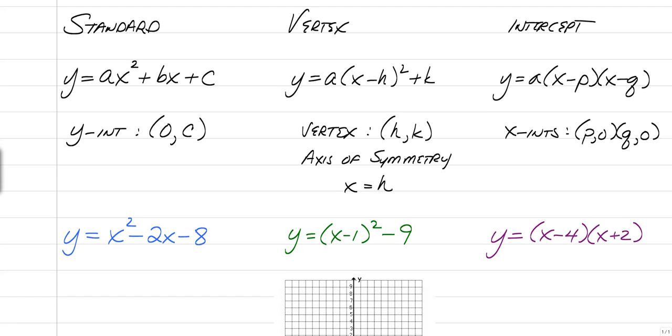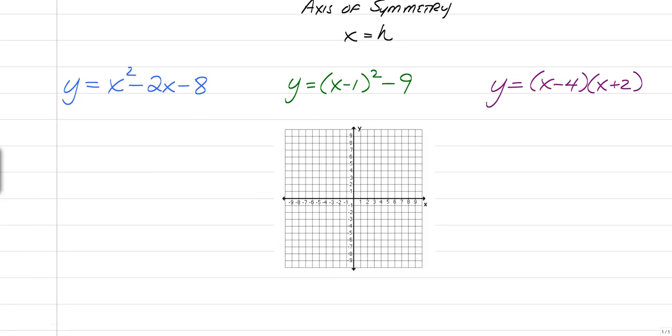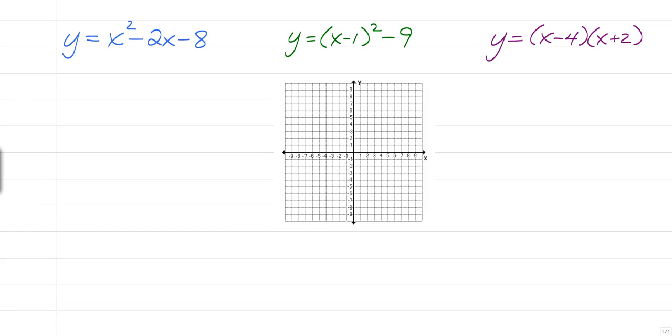So what I did, just to help you out with this, is I created three equations that all represent the exact same quadratic equation. So this standard form equation can be manipulated into this vertex form, and the standard form can also be manipulated into the intercept form.